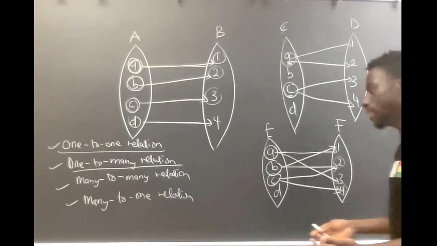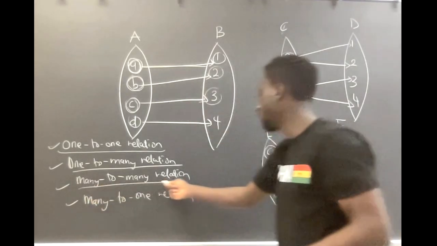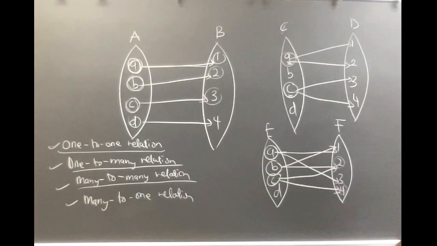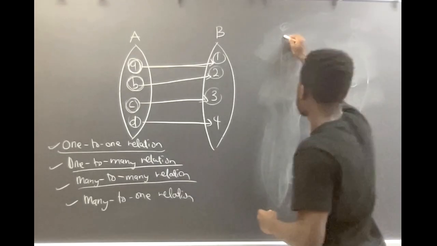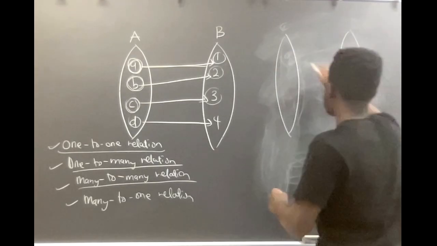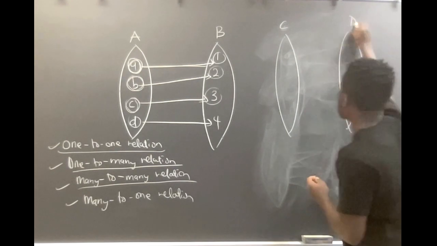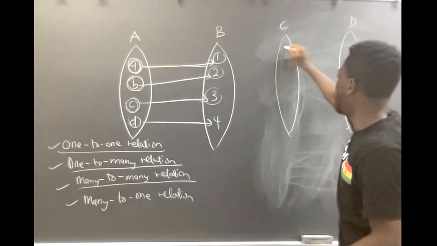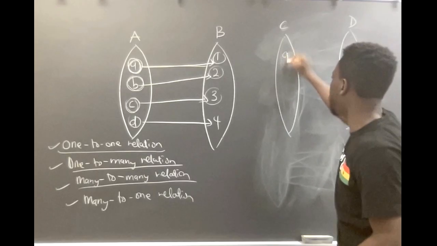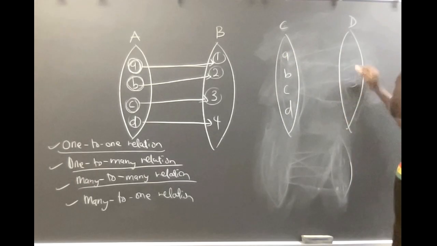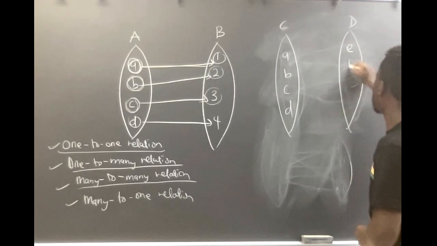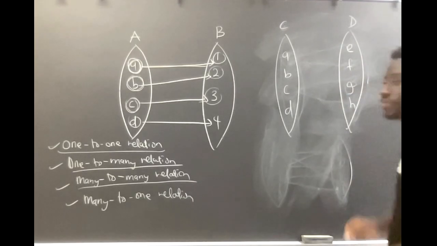The last type is the many-to-one relation. For a many-to-one relation, if we have set C and set D here again, assuming the elements in set C are A, B, C, and D, and the elements in set D are E, F, G, and H, right?